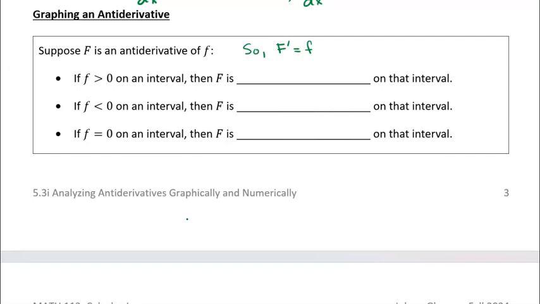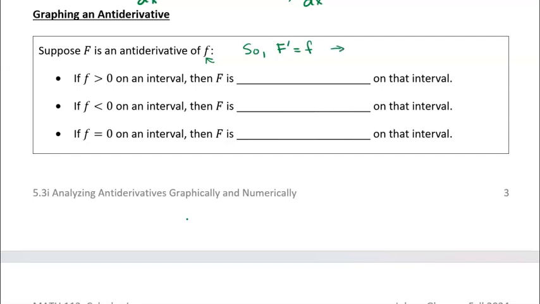So essentially, this lowercase f is your derivative. It's the derivative of the capital F function, because capital F is an antiderivative of this lowercase f. Okay, so what does that mean?